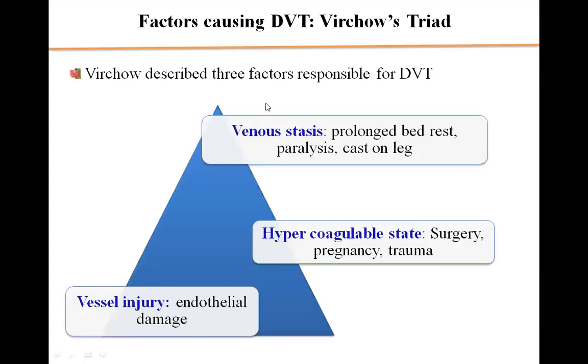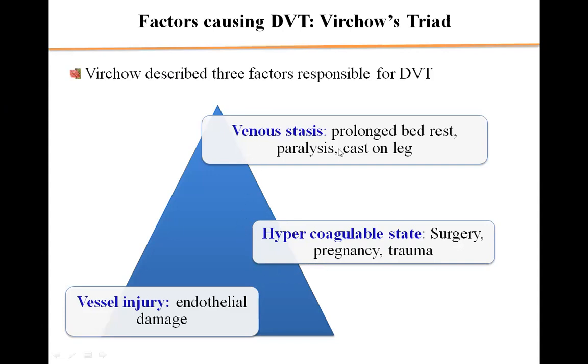There are factors which cause the deep vein thrombosis, and that is known as Virchow's triad. Virchow described three factors responsible for the deep vein thrombosis. First one is venous stasis, the second one is hypercoagulable state, and third one is vessel injury.